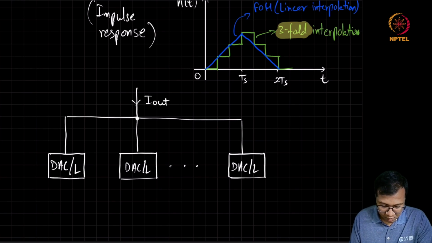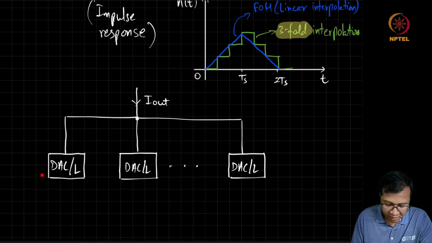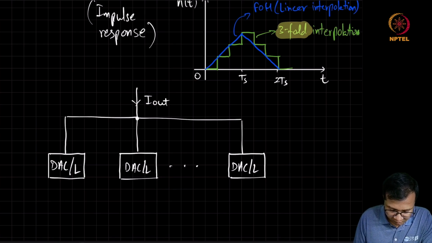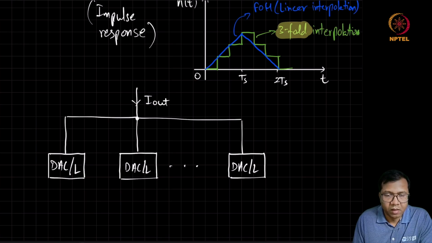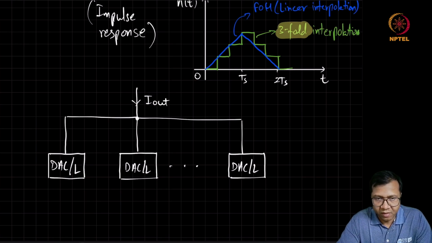Now each of these DACs will take a digital input as well as a sampling clock. The digital input we can generate out of a register which will hold the value for the entire sampling period.